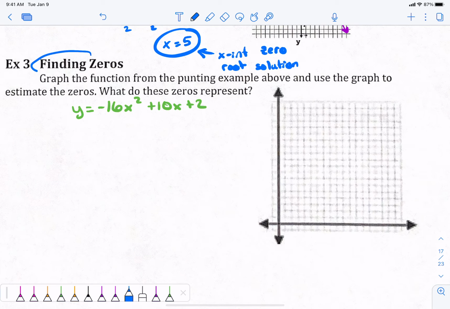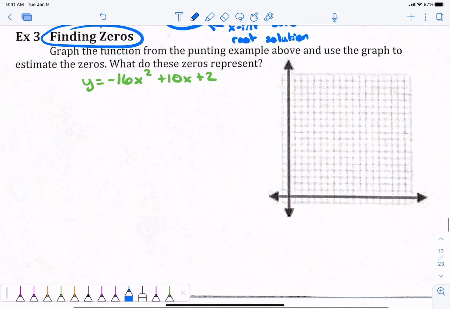Finding zeros. Let's get back on track here, guys. Come on. It says graph the function from the punting example above and use the graph to estimate the zeros. What do these zeros represent? Okay, so this is a really ugly parabola. To find the x-intercepts, we would plug 0 in for y, right?